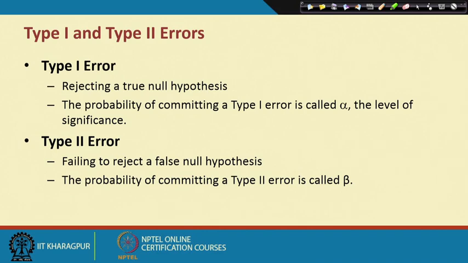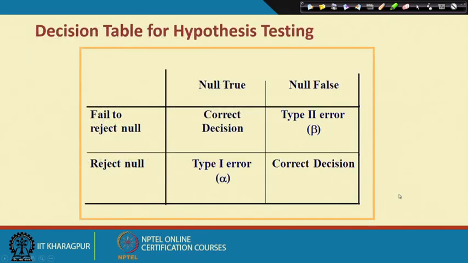So, it is nothing but a 2 by 2 square matrix: null hypothesis true or false, and the decision to be accepted or to be rejected. So, there are altogether 4 different options. Let us see what this structure is altogether.